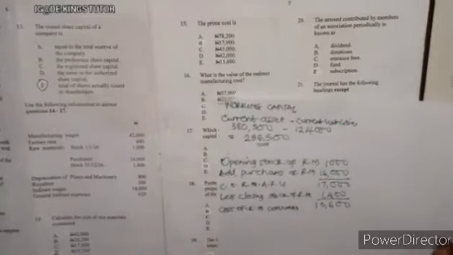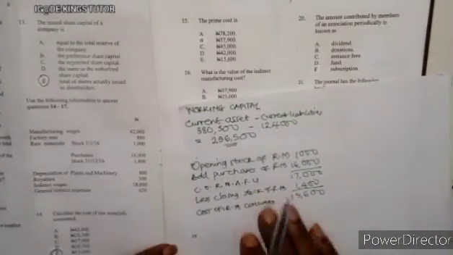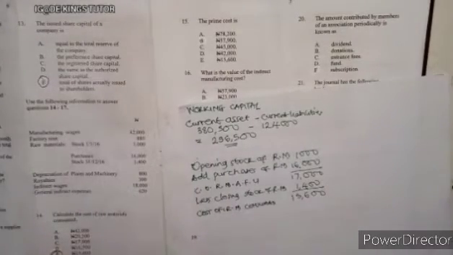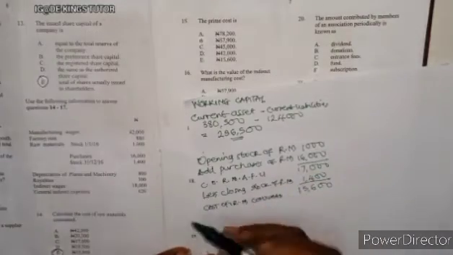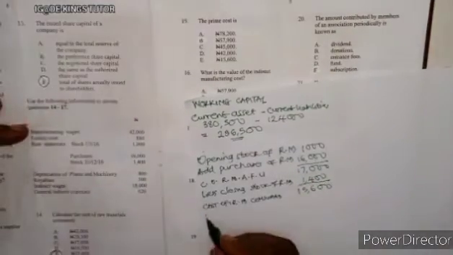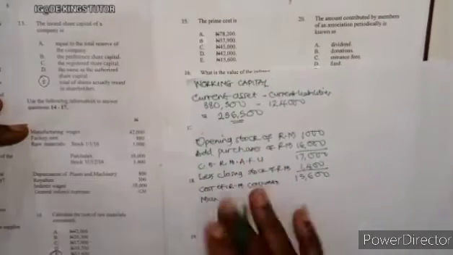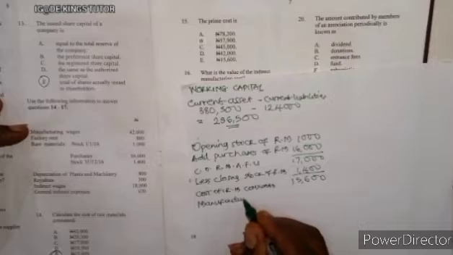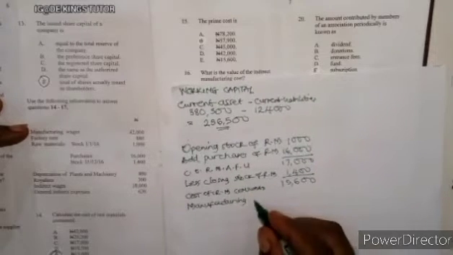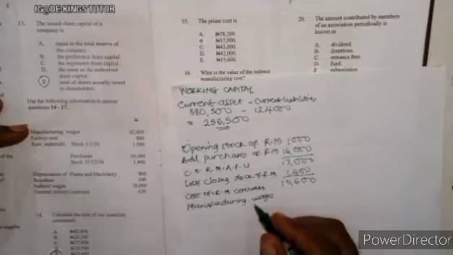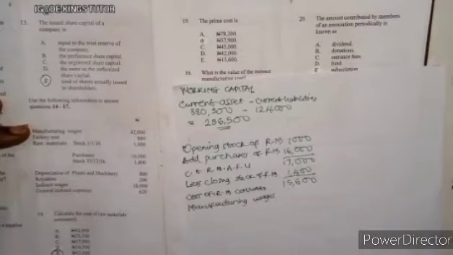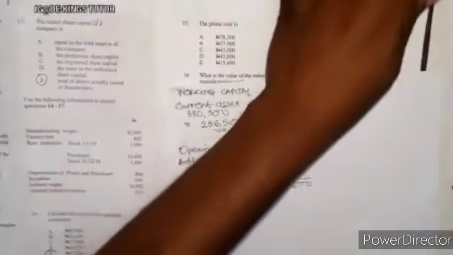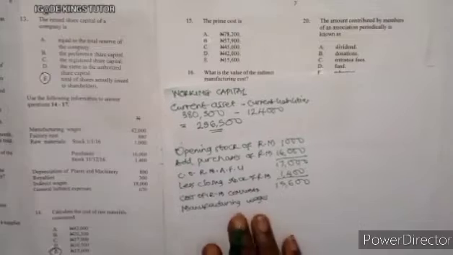Addition of all direct expenses. So we are going to add the direct expenses to this. The other direct expenses here: manufacturing wages is a direct expense.